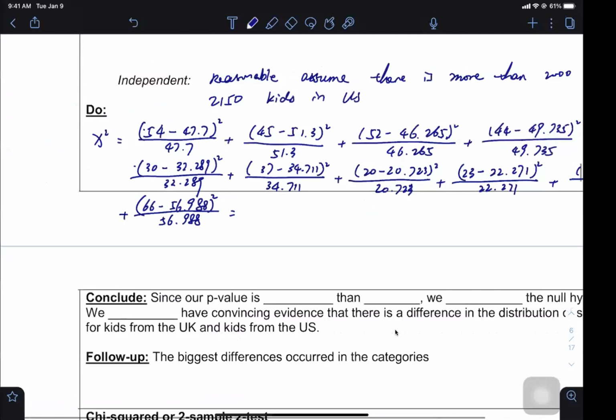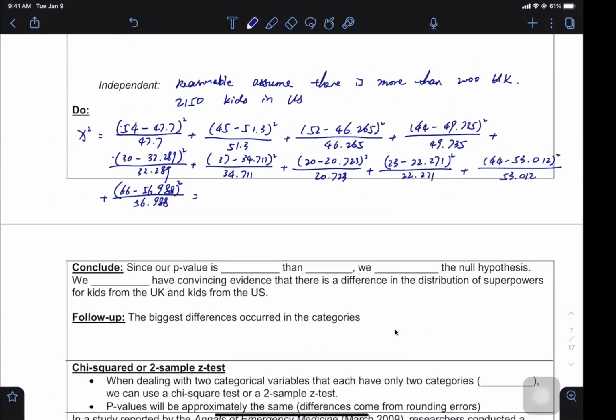So you need to calculate all those numbers. Again, we can use a calculator. So now let's take out your calculator and learn how to do it on a calculator.